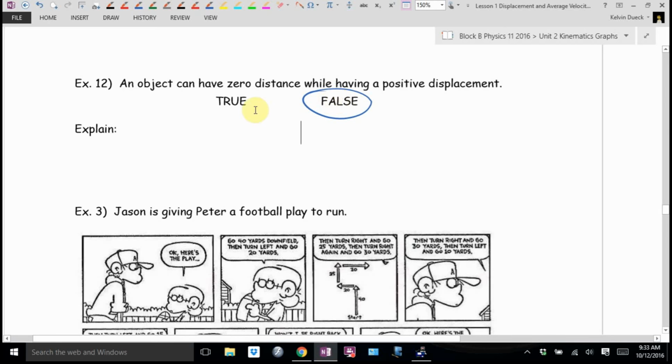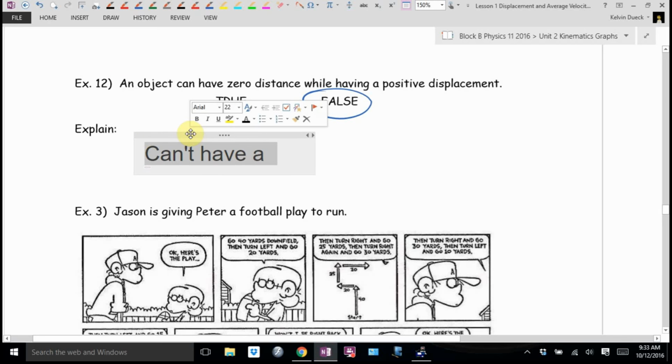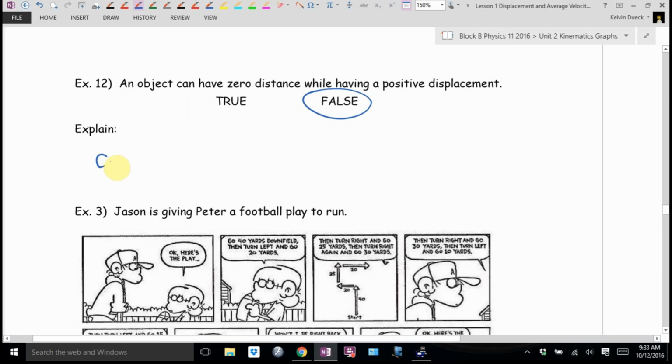You can't have a change in position without moving. You know what? I'm going to handwrite this because I don't know how to do a delta. Can't have delta D without moving.